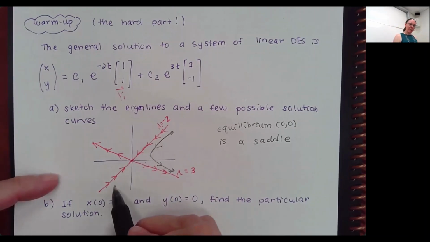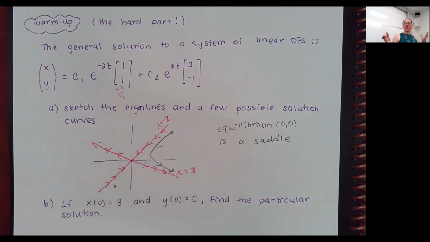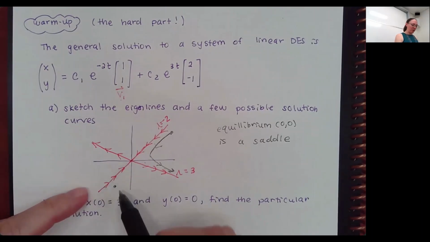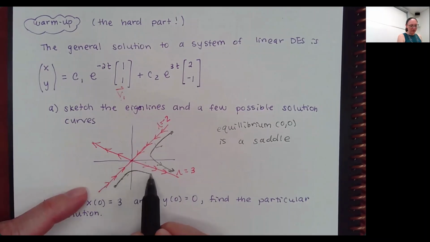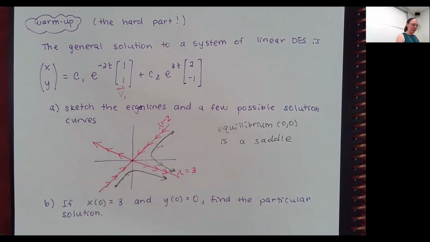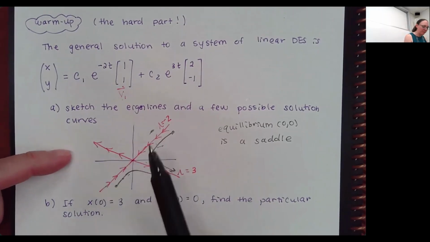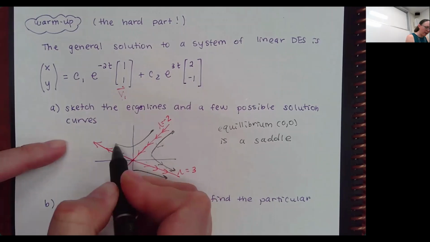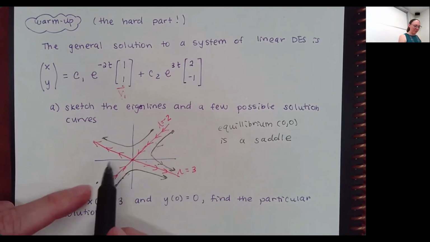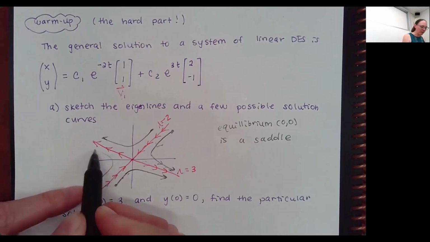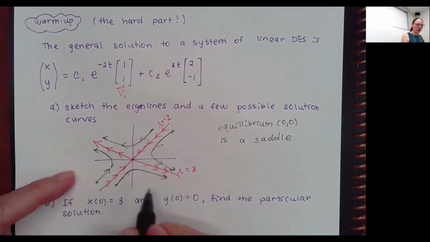If I started somewhere in here, the arrows near me, like thinking about our vector fields, are pushing me in towards the origin, but at some point I'm going to turn and get pushed out this way. If I were to start over here, again, I'm going to get pushed in towards the origin by those arrows and then pushed out. Over here, I would get pushed in and then pushed back out. So that's what some possible trajectories or solution curves would look like.